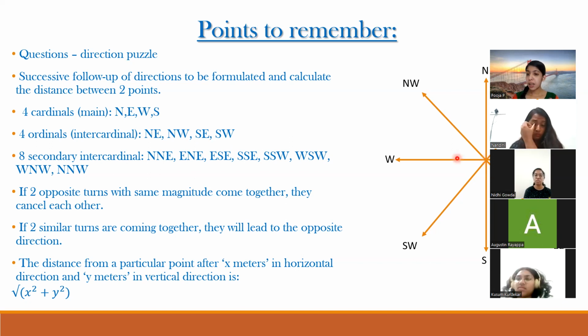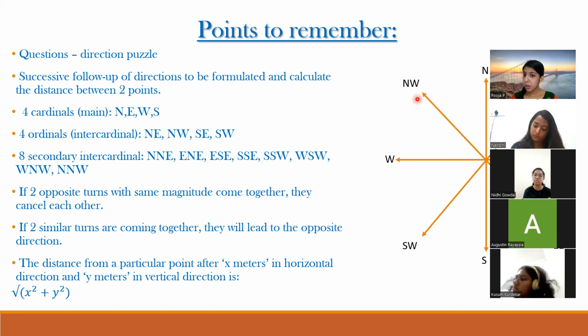One more thing to keep in mind is the angle between these two directions. Angle between two cardinals is nothing but 90. They are in right angle, so 90 degrees. And the angle between a cardinal and its intercardinal is half of 90, that is 45 degrees.